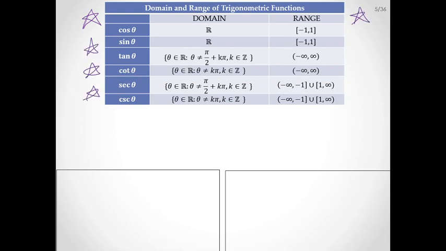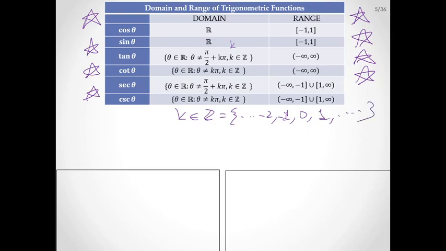Okay, we can give you this short table about the graphs, about the domain and the range of the trigonometric functions. So you see them now in set builder notation here. Here k means you're taking k from this set. The Z is what? You're taking all negative and positive numbers, all integers.